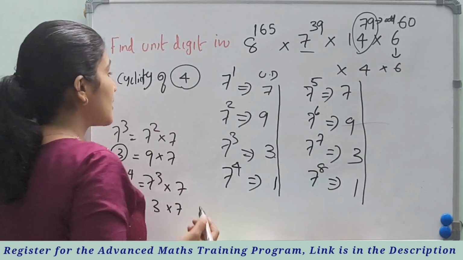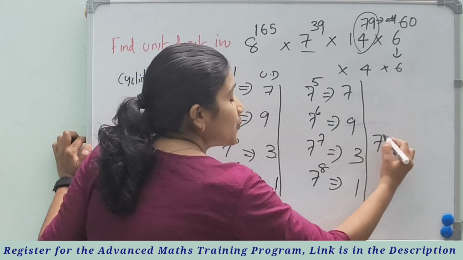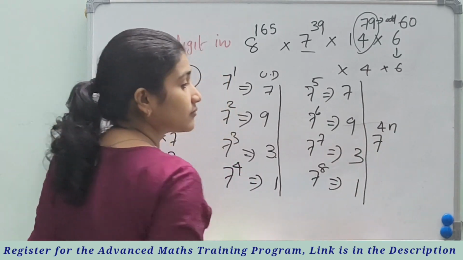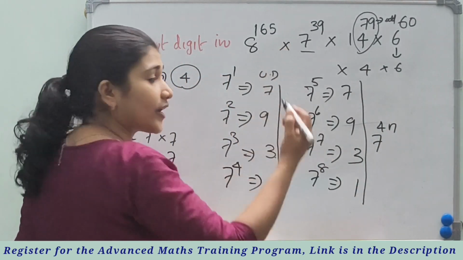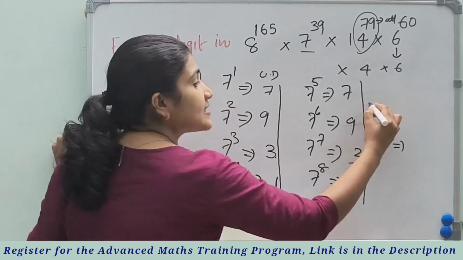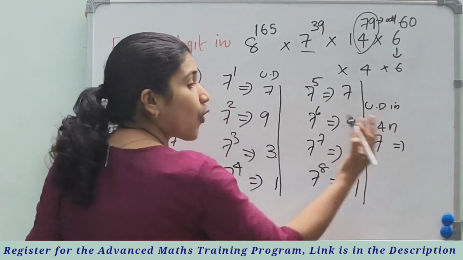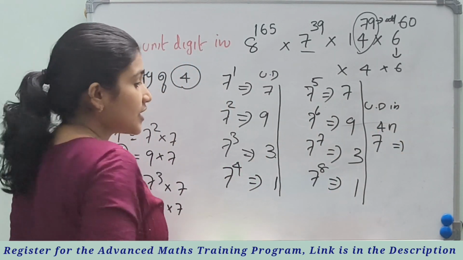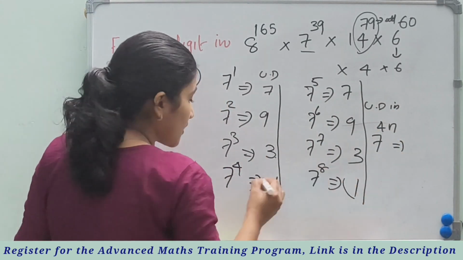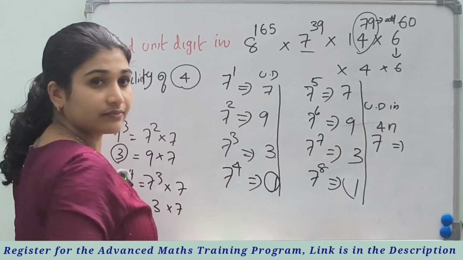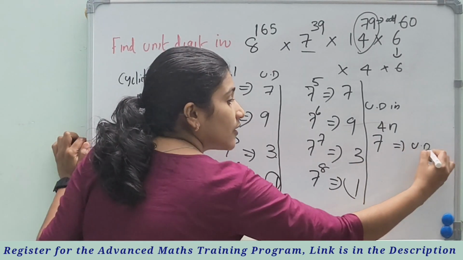That means 7 raised to 4n: the unit digit in 7 raised to 4n is always 1.